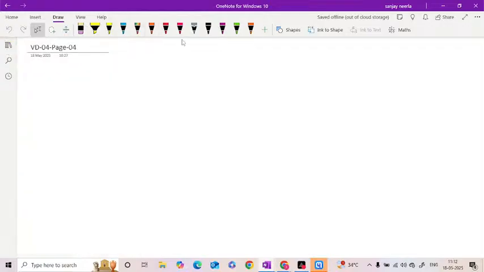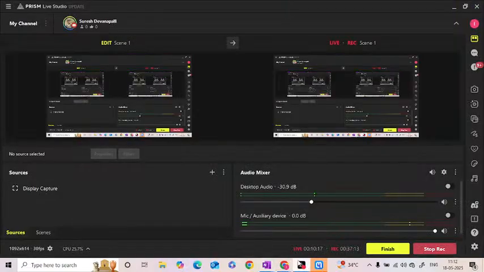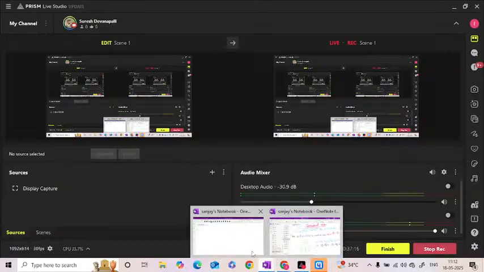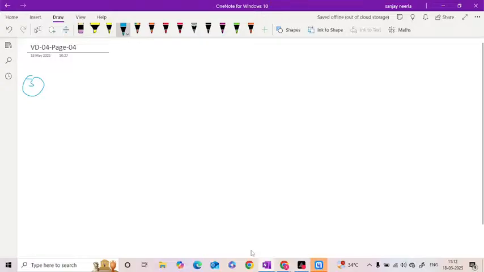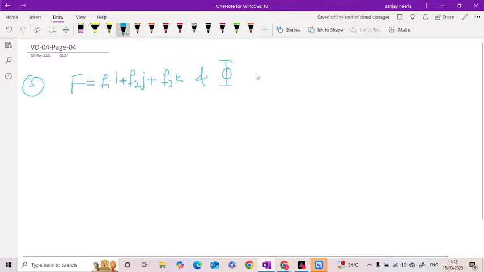Property number 3. Suppose I'm taking f equal to f1 i plus f2 j plus f3 k, and I'm assuming pi is a scalar potential field.